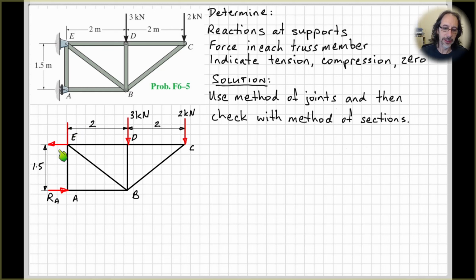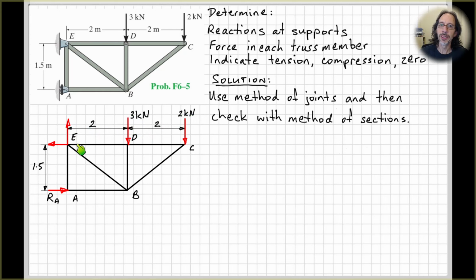So we can start thinking through whether they will be to the left or to the right for the horizontal one. So pretty easy in this case. The only other force acting in the horizontal direction is our force down here, RA. So assuming we've got that correct, then the horizontal reaction up here at E must be to the left. And then for our vertical one, the only other vertical forces are the two loads.